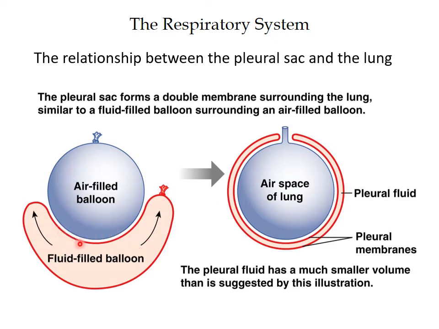This will be the visceral pleura, which is closely attached to the lung, and this will be the parietal pleura, which is closely attached to the chest wall or thoracic wall. Between these two layers, there is a space called the pleural space, with a small amount of fluid which is called the pleural fluid.